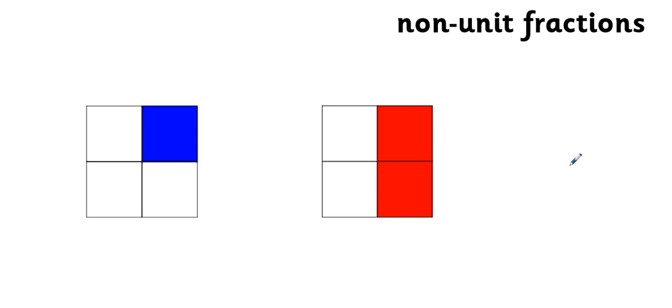Another example for you to look at. The blue one shows 1 out of 4, or 1/4. The red one still has 4 equal parts, but how many are coloured in this time? The blue one was 1/4, the red one is 2/4. Have a good look at this red shape.